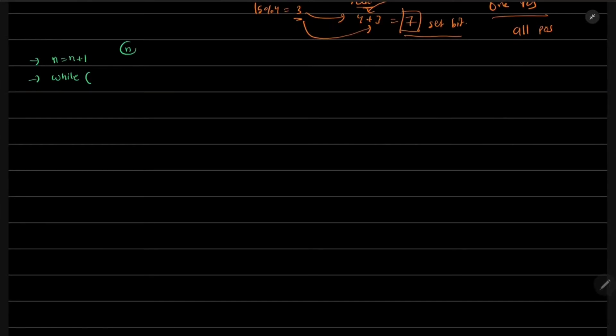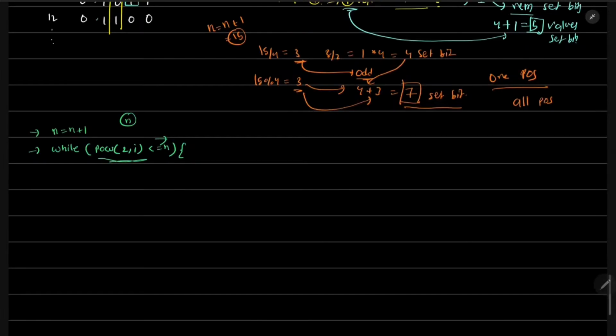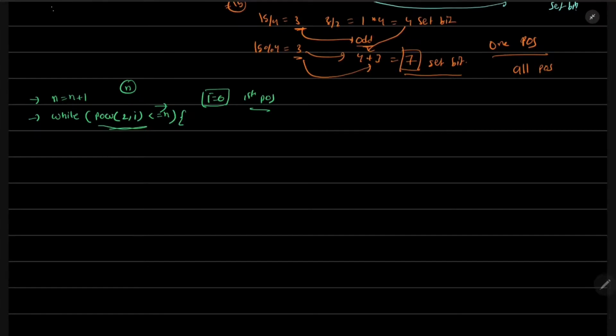Until n. So while 2 power i is less than or equal to n. We need to check until this number, right? If this is the first position, like i equal to 0 is the first position, then 2 power 0 equals 1, right?